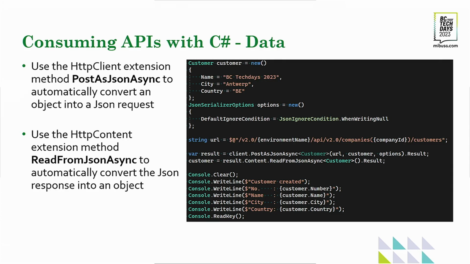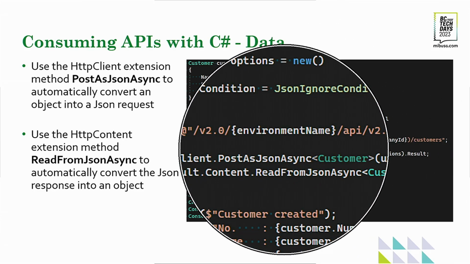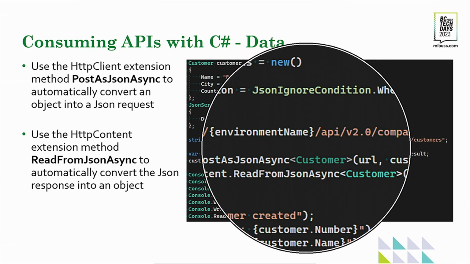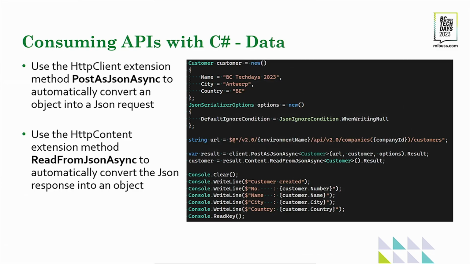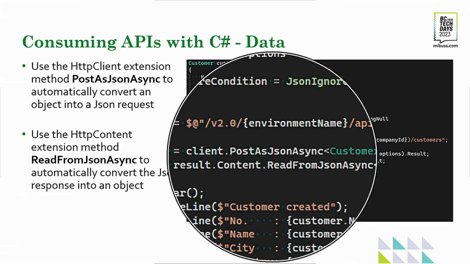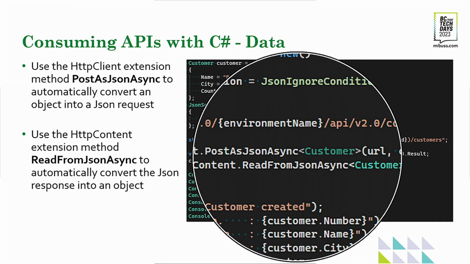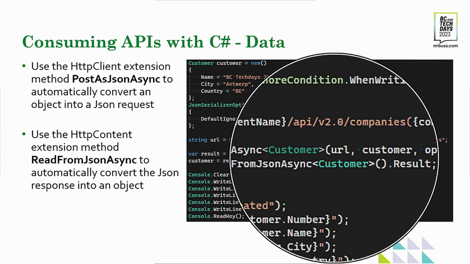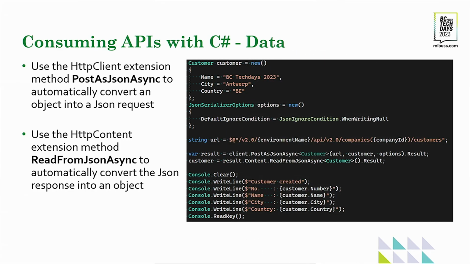Same goes with posting, so creating a new record. In that case, I use the function PostAsJson. I give it one customer, and it will automatically convert that to JSON and send it to Business Central. It's pretty simple. I get the result back from the post. On the result content, I say ReadFromJson, I expect a customer back, and it turns that into a customer object.